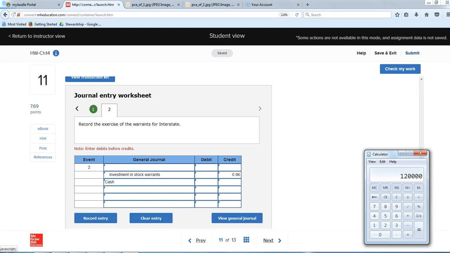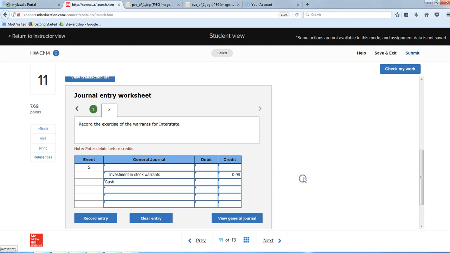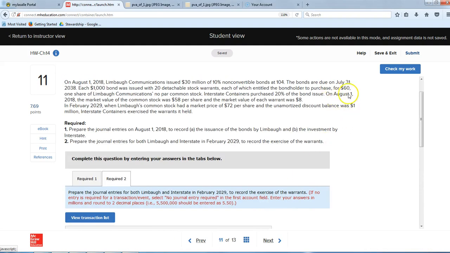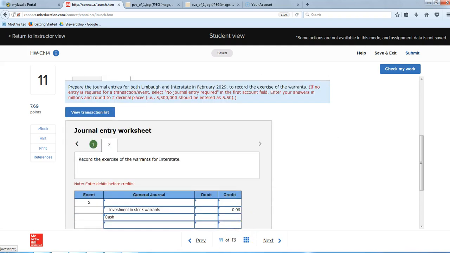So these 120,000 warrants, each with $60, allows the investor to use $60 to purchase common stock.